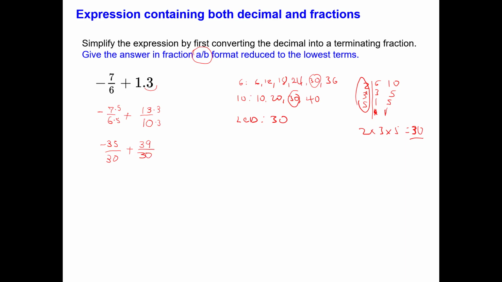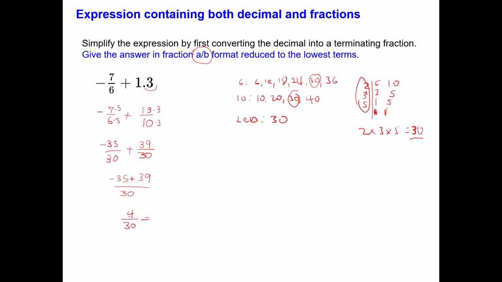Now we have a common denominator, and what we need to do is solve the subtraction in the numerator. Minus 35 plus 39 is 4 positive because 39 is the larger number, divided by 30.